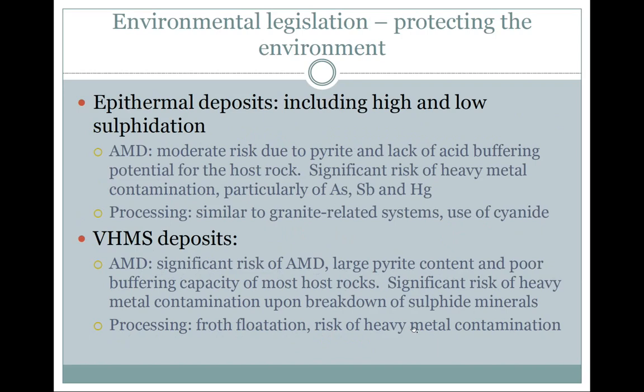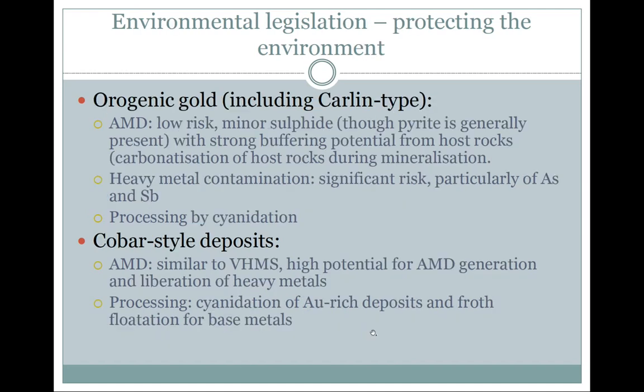Epithermals, moderate risk of AMD, occurrence of pyrite and lack of acid buffers, significant risk of heavy metal contamination, particularly arsenic, antimony and mercury, and the processing is similar to late magmatics. VMS, high risk of AMD, prominent sulfides, particularly pyrite, poor buffering capacity, potential metal contamination, processing predominantly froth flotation and risk of more contamination.